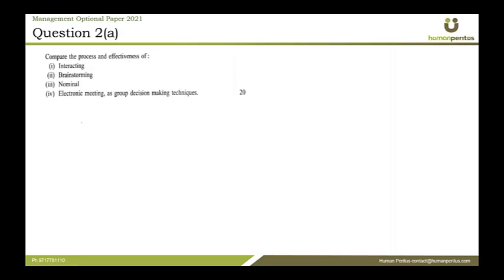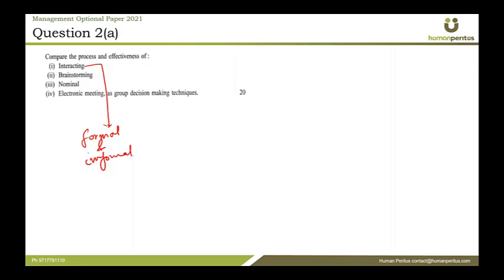So interacting can be both formal and informal. How we are interacting at the workplace might not directly contribute, or what we are interacting about might not directly contribute towards my work performance.